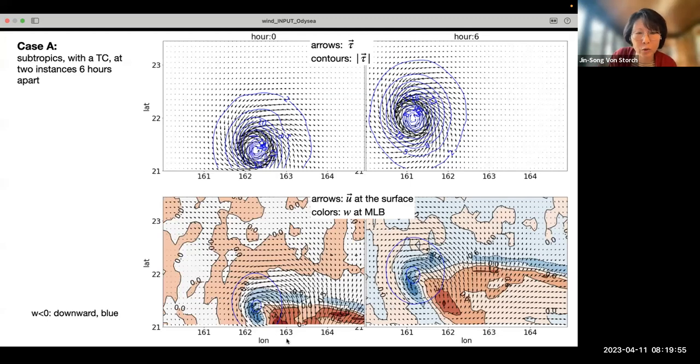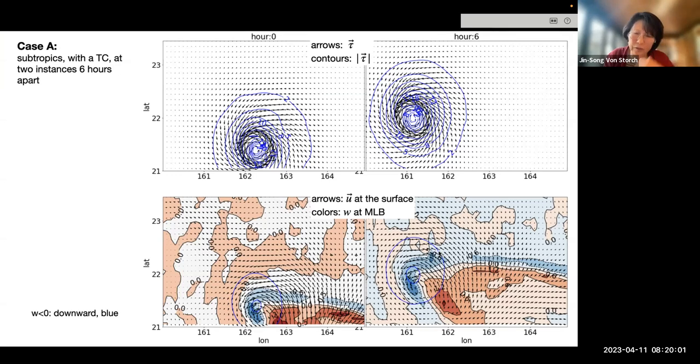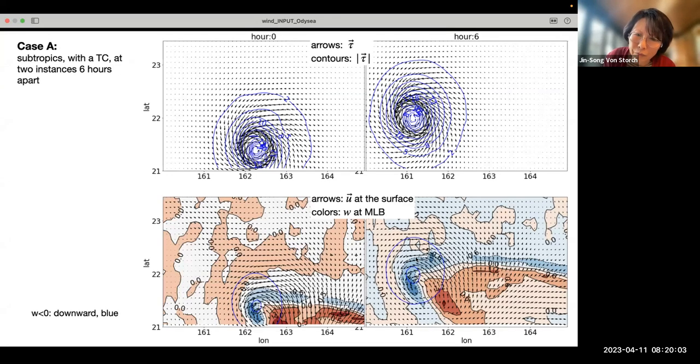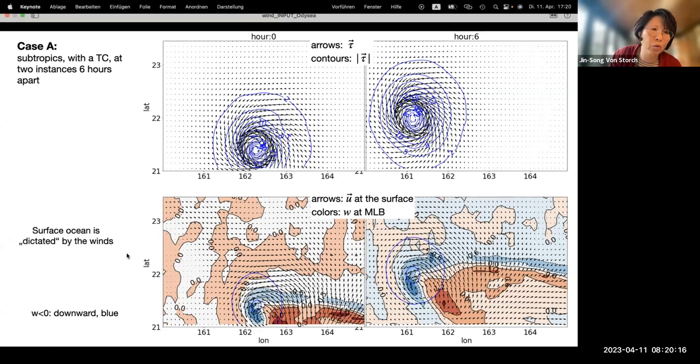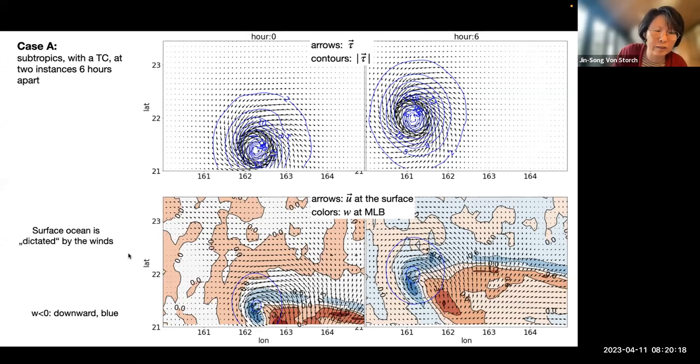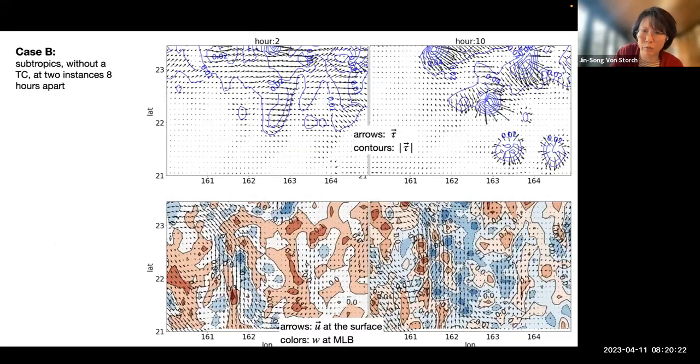And also we have this strong downward velocity just in front of the core of the tropical cyclone, and then upward on the other side. So it looks like in the surface ocean, everything is quite strongly dictated by the cyclonic winds.